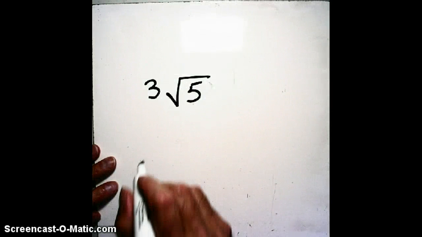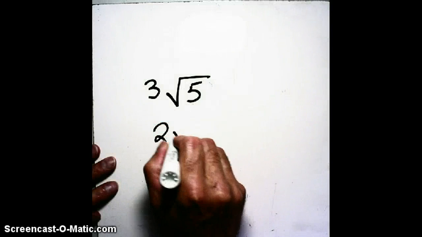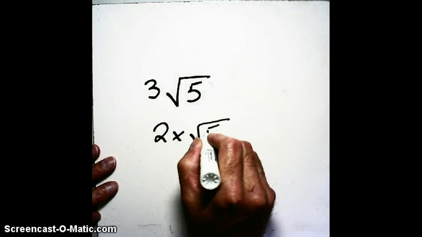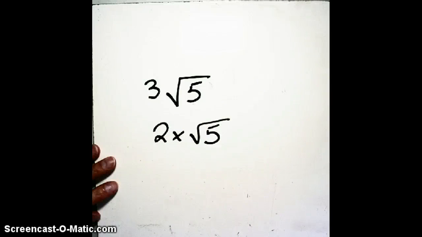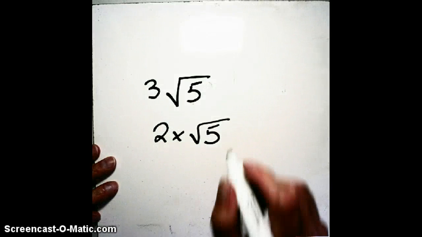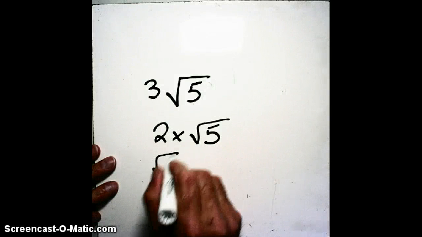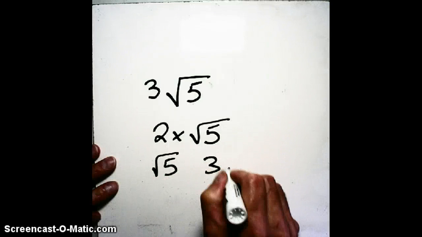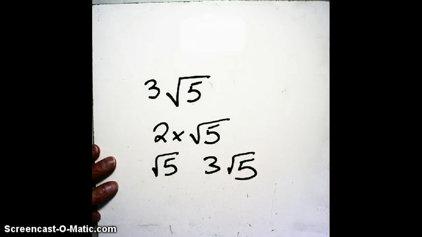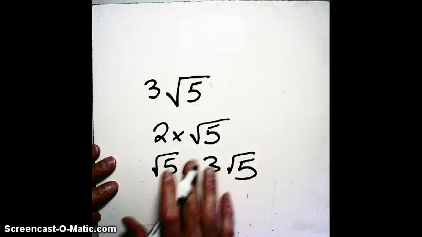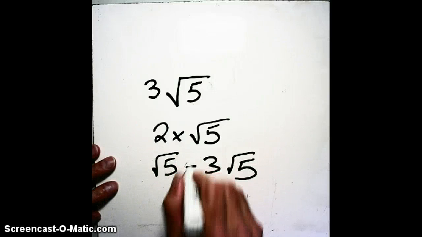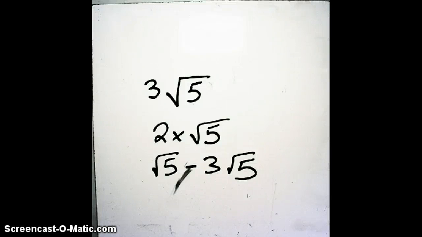I could put an expression out here, 2x radical 5. I could take radical 5 and 3 radical 5. I could add them. I could subtract them. I could multiply them. I could divide them. Working with radicals. All right.